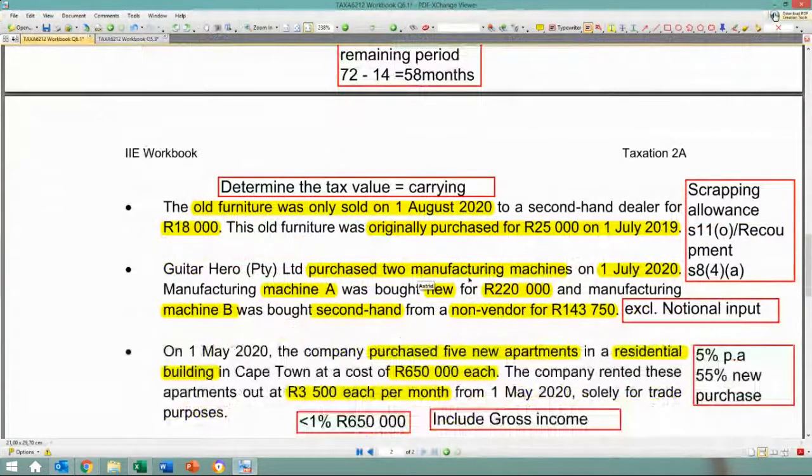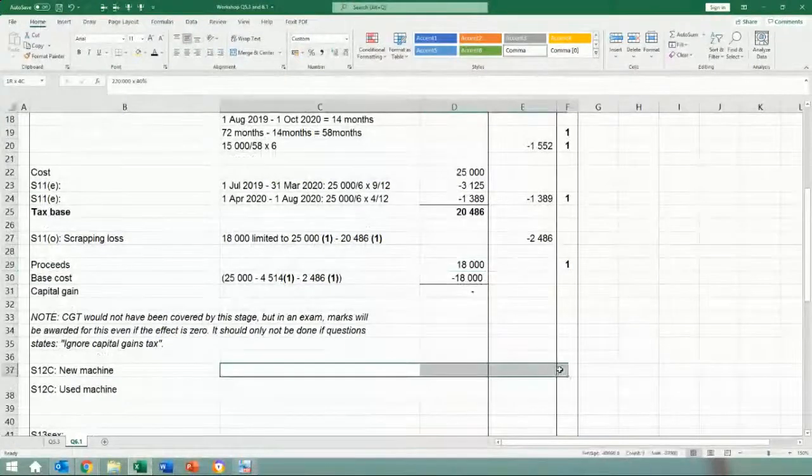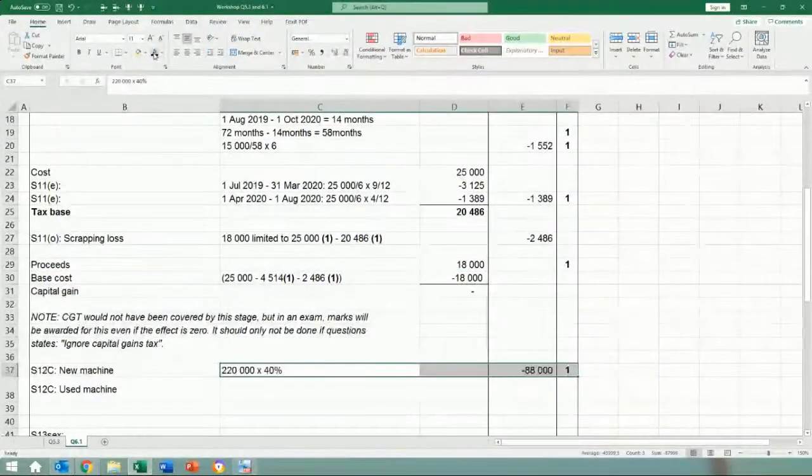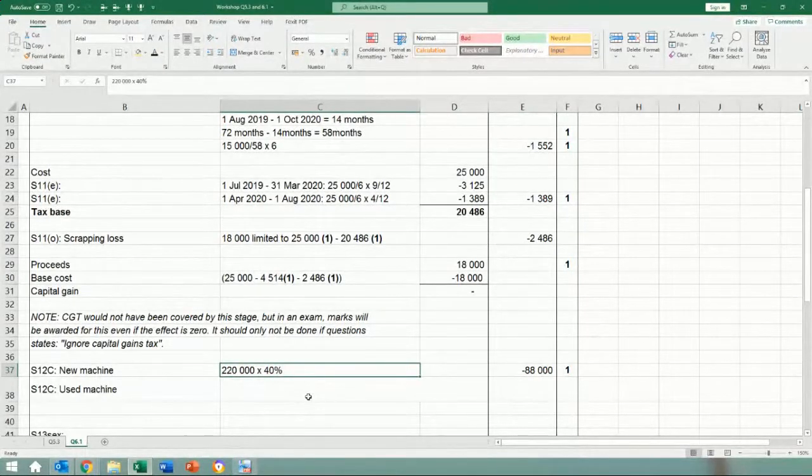Then the next item, we purchased 2 manufacturing machines. We said the one is new, one is used. So for the one, we apply the 40-20-20-20 rule, and the other one, we apply the 20-20 rule. For the new machine, because it's the first year we're bringing it in, we multiply it by 40%. For this specific section, we do not apportion it at all, so you get the full deduction.